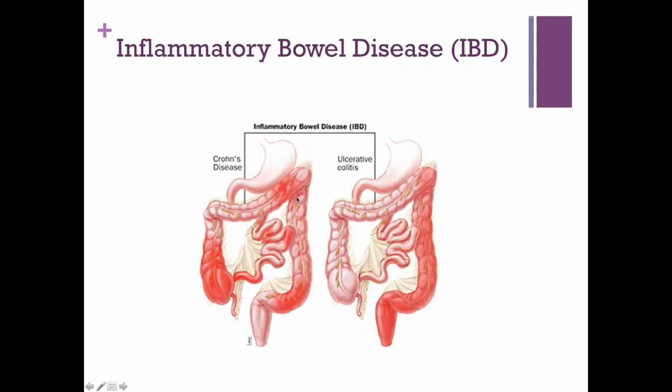It also involves something we call skip lesions, where there's areas that are really highly inflamed and affected, and then it's almost as if the disease skips an area before there's another area of inflammation. So it's intermittent, every once in a while inflammation. It can affect both the small and large intestines.